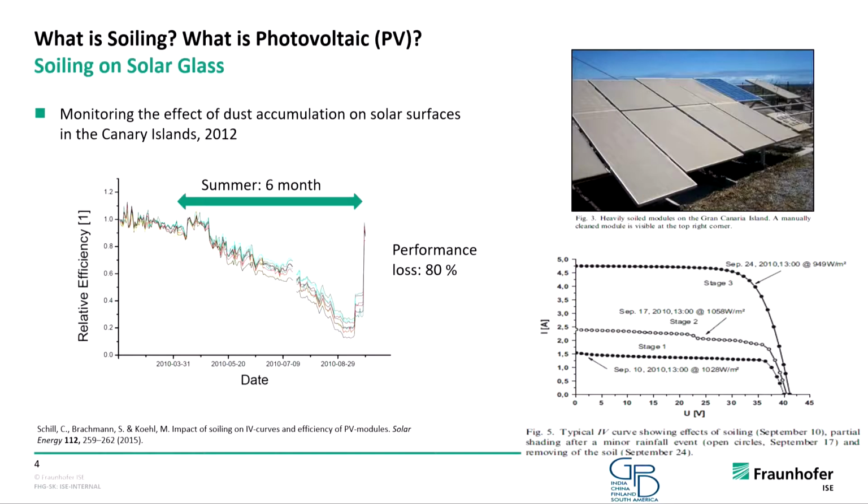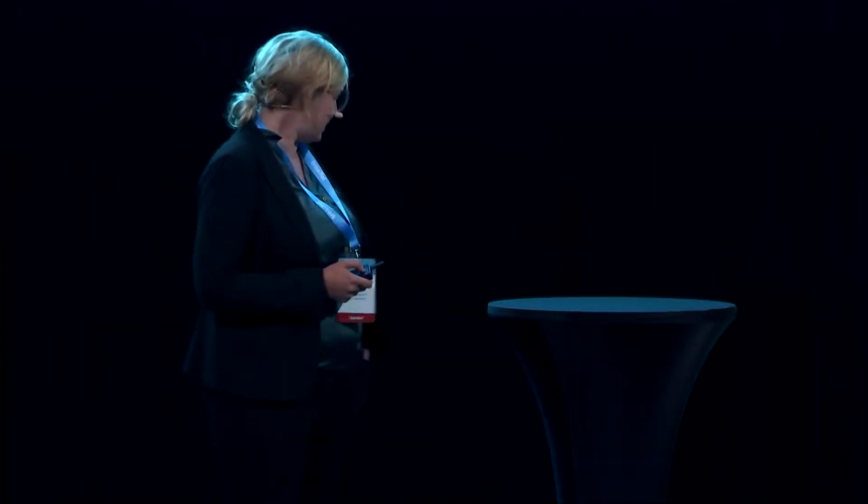In 2012, we had different kinds of outdoor locations, monitoring the performance and especially the reliability of all kinds of technology concerning solar energy. Here you can see on the top PV modules that are soiled.